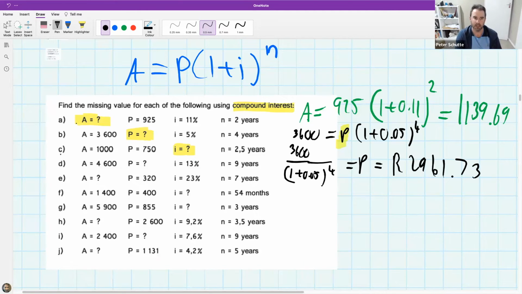Okay, so we've done A and B. We just need to do C. C is a little bit trickier because we have to undo something to the power of 2.5. Maybe a trick to think about is, how do you undo something to the power of 2?